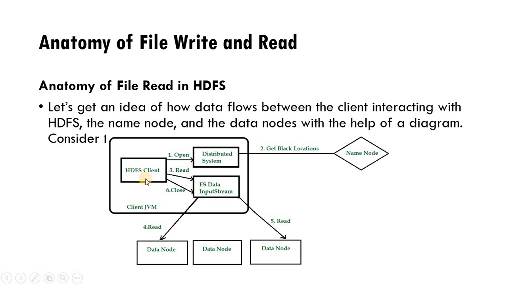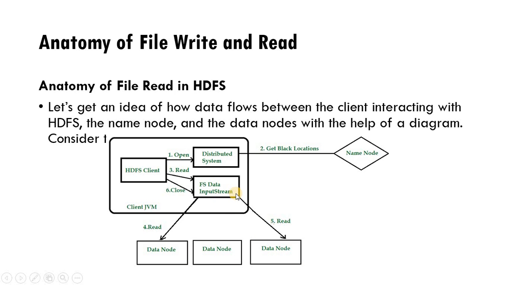Data is stored at multiple nodes, as in this figure. When the client calls the read method for the first time, it is given to the FS data input stream. The FS data input stream has the location of the file, so based on the location it calls the read method on that particular data node and provides the data to the HDFS client. Suppose data is stored at these 3 data nodes.